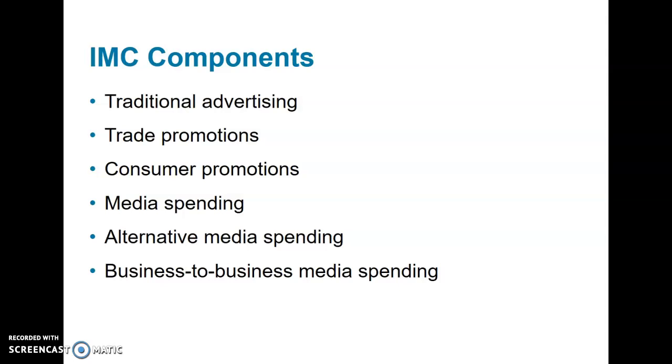Some companies will also have to consider business-to-business spending, such as Starbucks, who has an IMC plan geared towards the final consumer, as well as to businesses that it sells its coffee to. It's not an easy task to determine which components will be the most effective. Not only is the budget a factor, but also the objectives or the goals of the IMC plan.